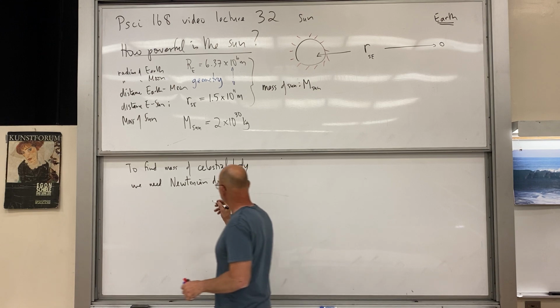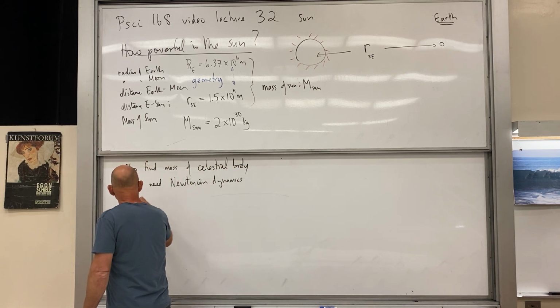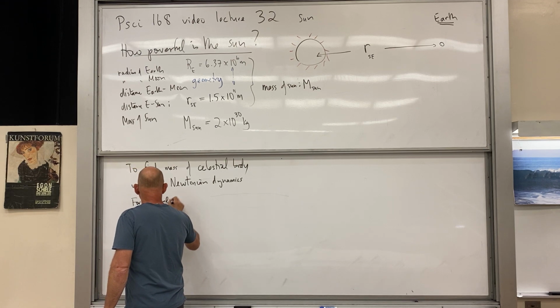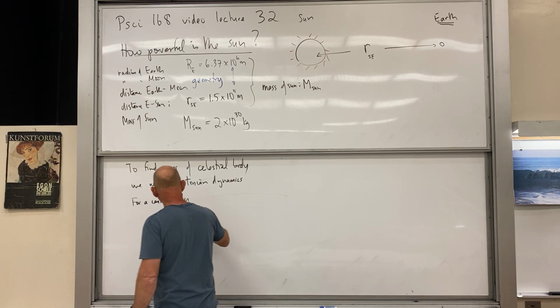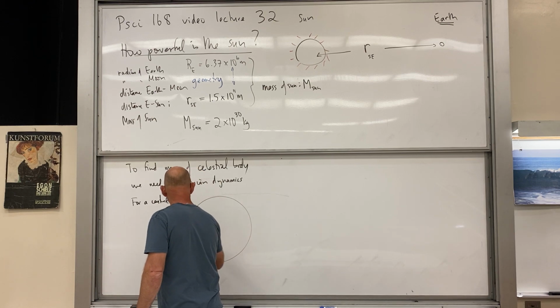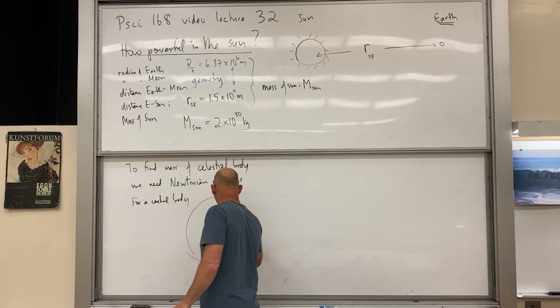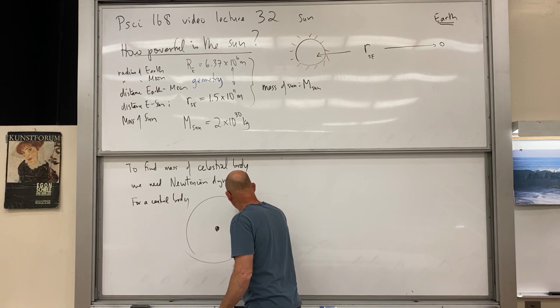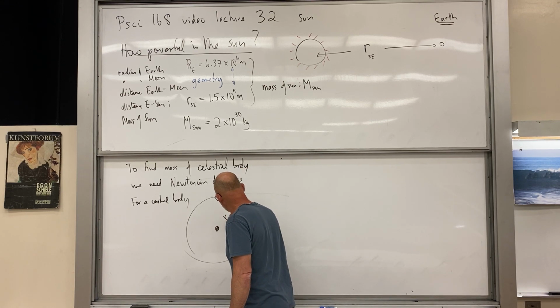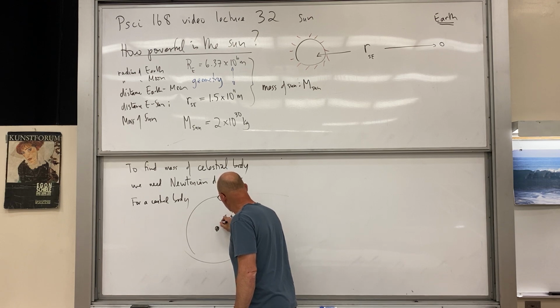So, for a central body that's being orbited, so here's the central body, say that's the sun, and that's the Earth. And there's again, distance sun to Earth.